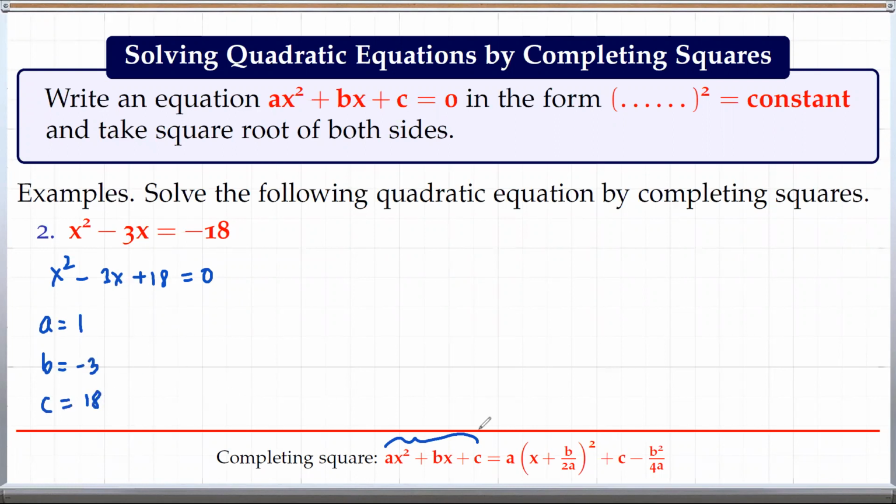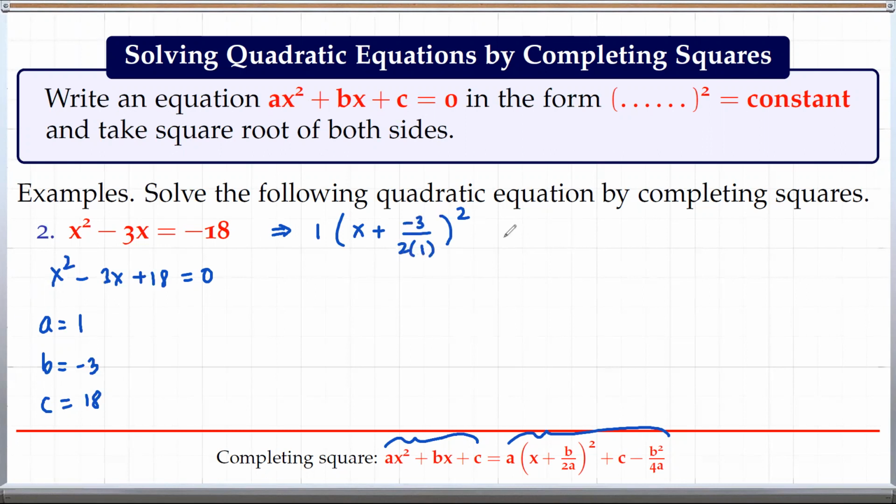Once we have a, b, c, then we can use this formula to write in the complete square form. That will give us a in the front, which is 1 in this case. And we have x plus b by 2a, squared. So we will put that here. x plus b, which is negative 3, by 2 times 1.